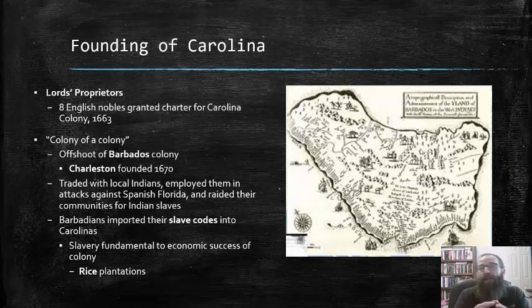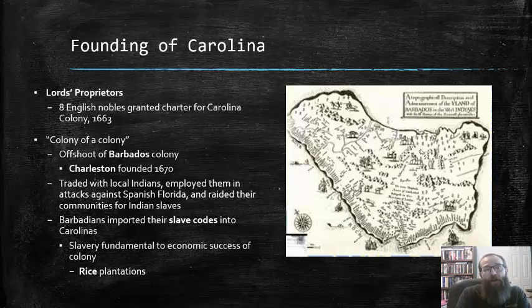One of the reasons the colony of Carolina was founded to start with was essentially to establish a buffer zone between Spanish Florida and the English colonies a little further north. And they also raided communities of Indians for Indian slaves to sell back to the Caribbean colonies.